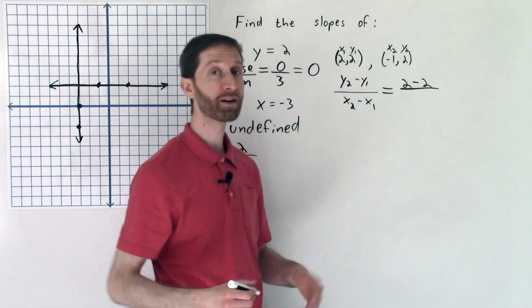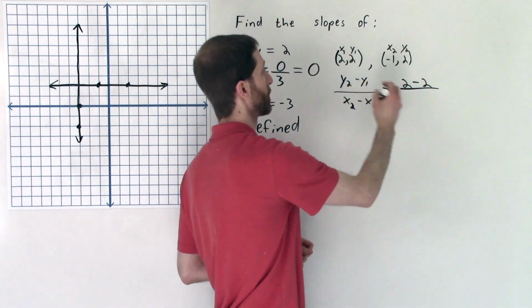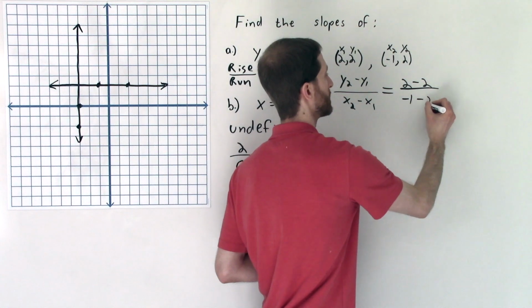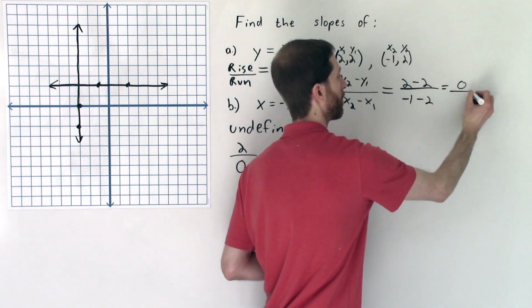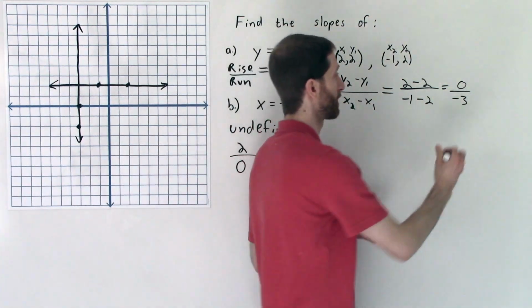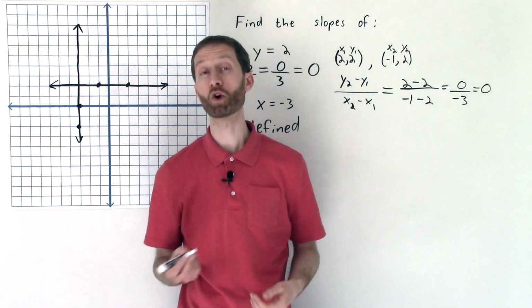That's going to be 0. That's your change, your rise of 0. And then x2 minus x1 is going to be negative 1 minus 2, no sweat, 0 over minus 3. The reason why it's negative 3 is we're moving to the left in this case. It's fine, because you get a final value of 0. So that's a more numerical way of doing things.